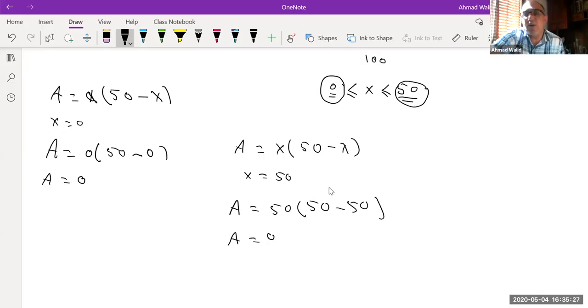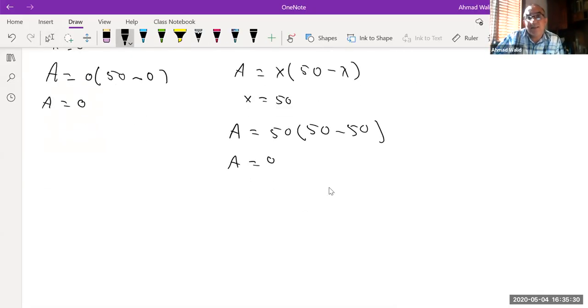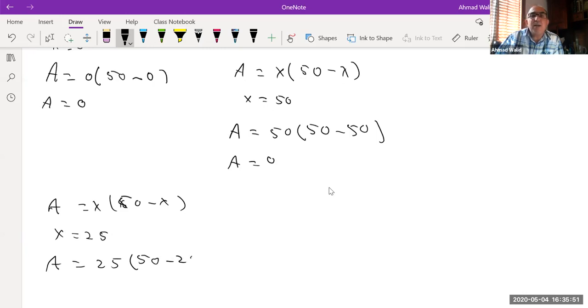What about x equals 25? Again, I have A equals x times 50 minus x. If I use this critical point, 25, and plug in here, let's see how much area we get. A equals 25 times 50 minus 25, which gives you A equals 25 times 25, which gives you what? 625, am I right? Your total area will be 625.